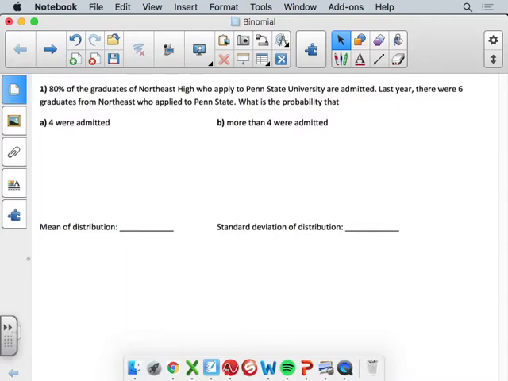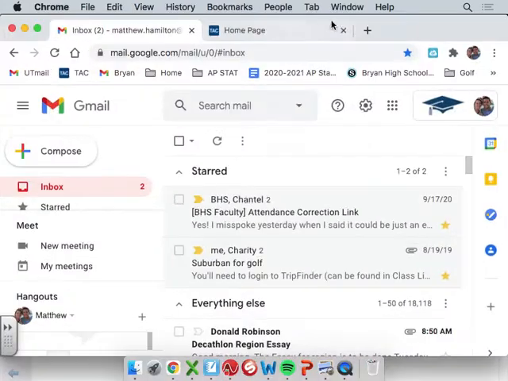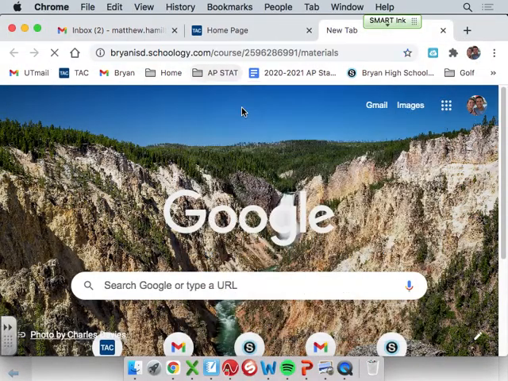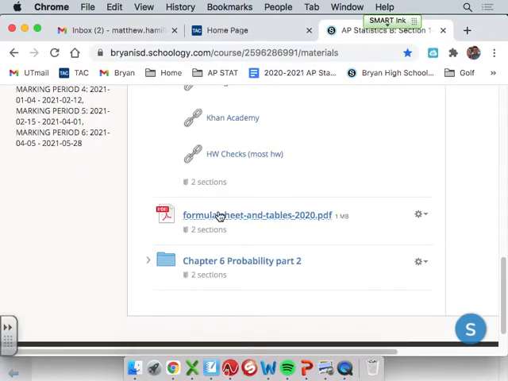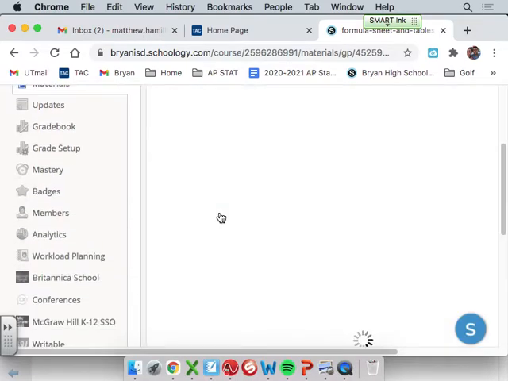Grab one and pass them around the room for me. Let me bring it up on Schoology. I'm giving you the formula sheet that talks about mean and standard deviation.